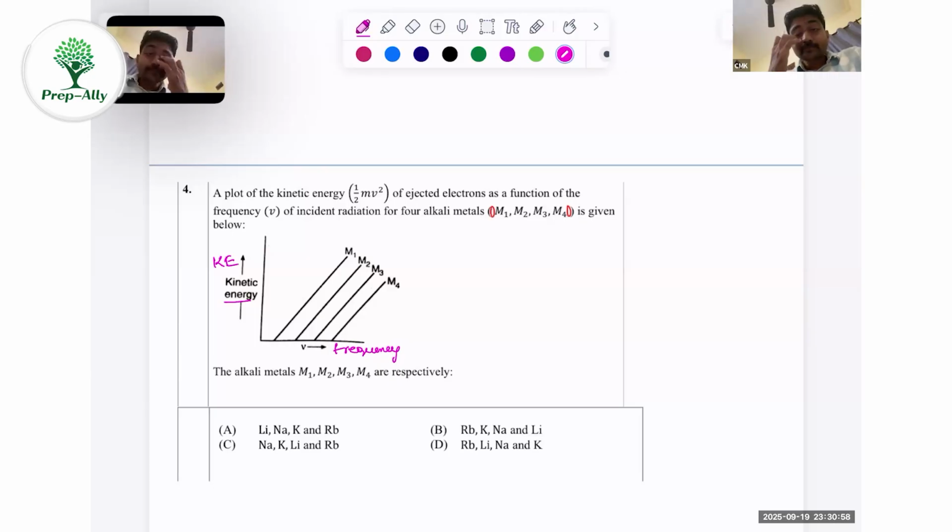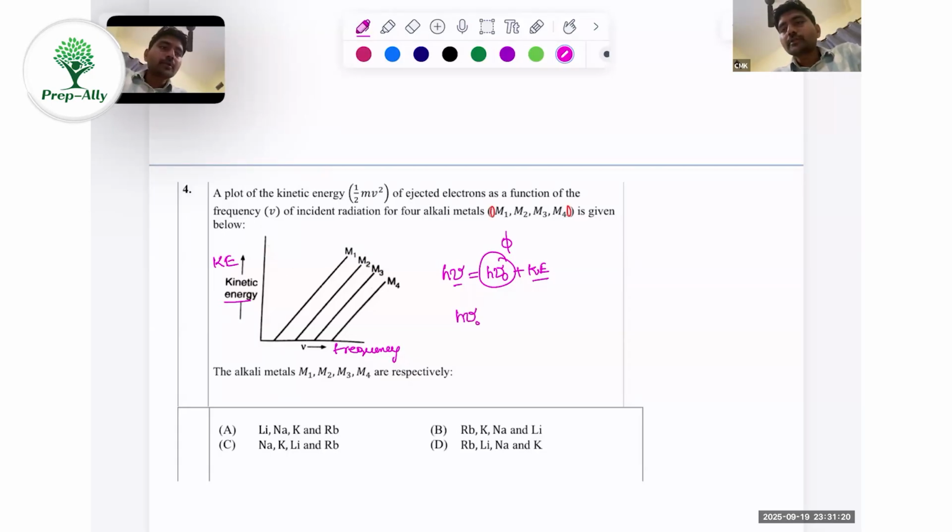According to photoelectric effect, h nu is equal to h nu naught plus KE, where h nu naught is work function phi. Now you are drawing a graph for KE versus nu. Phi is work function.